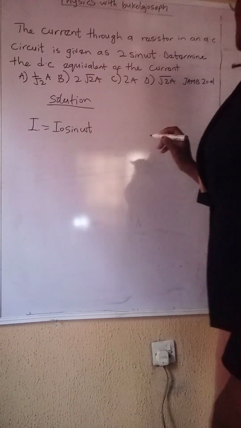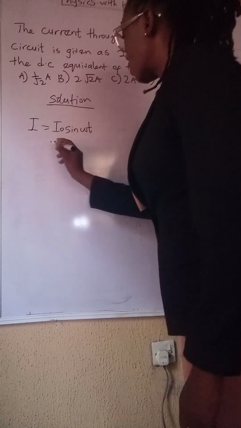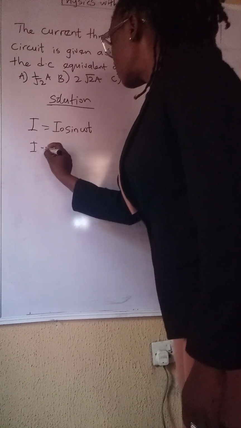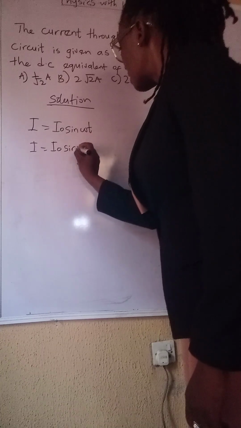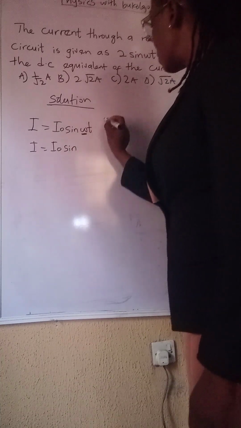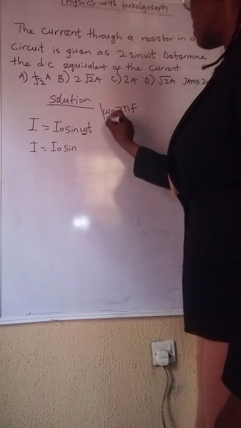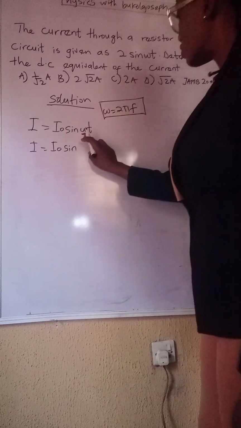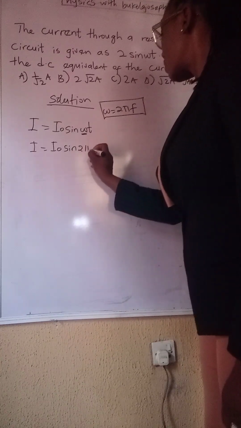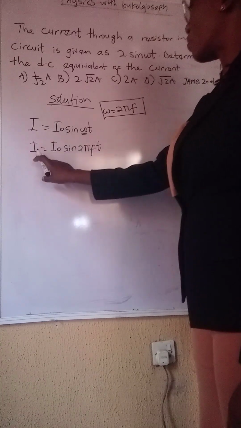This is also equivalent to I equals I naught sine, and if we replace this W, you know that W is equal to 2 pi F. I don't know if you still remember this relationship. So if we substitute this W, we have 2 pi F T. This is another formula for current.